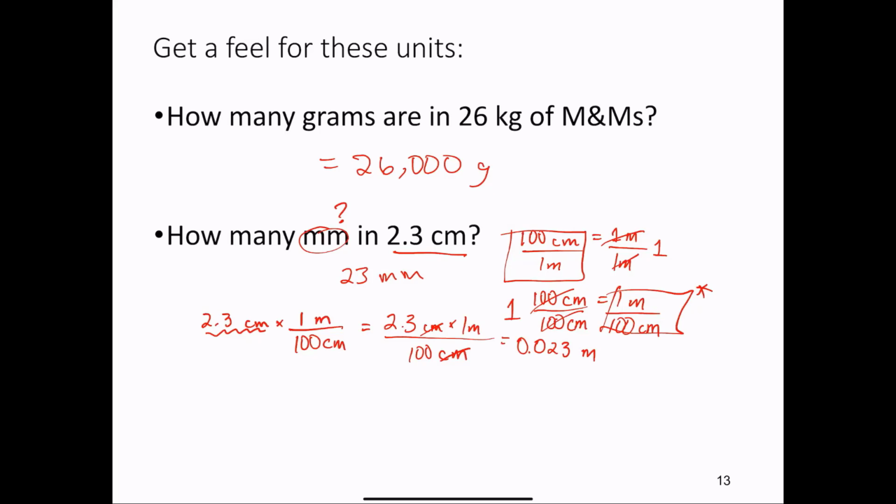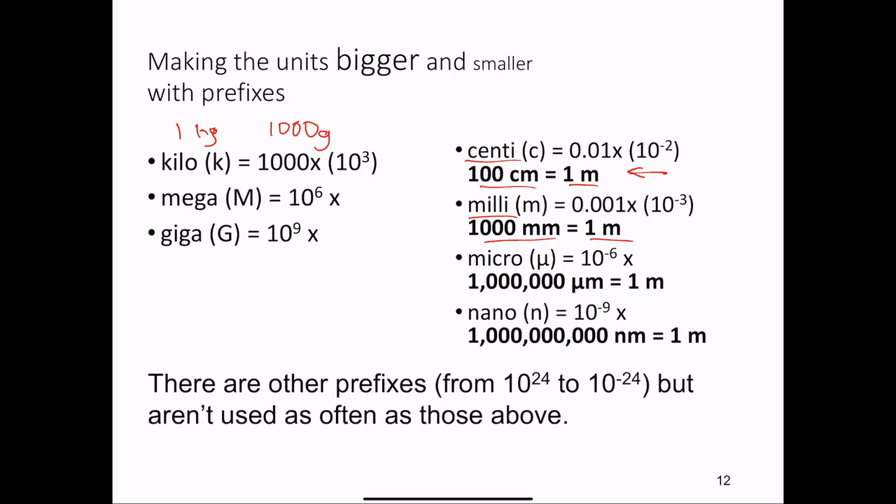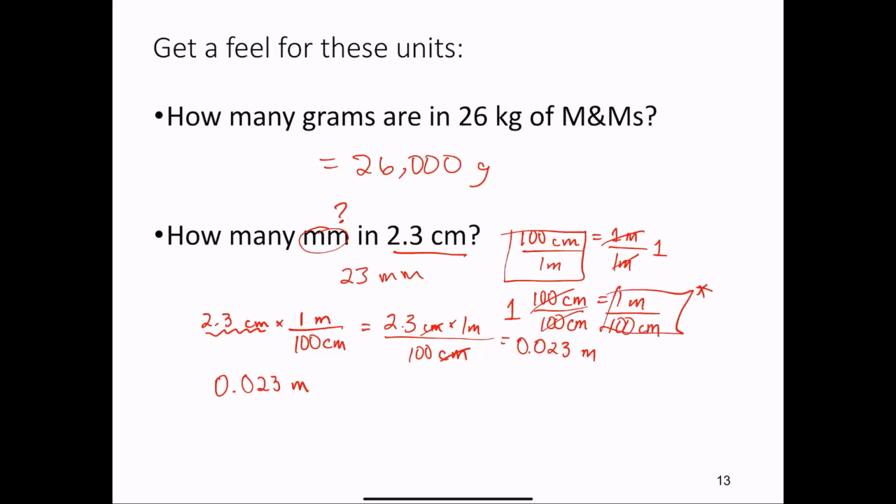Okay, but then let's bring it back to what we really want. We really want to be in millimeters. So now we say, okay, let's take those 0.023 meters, and how many millimeters are in a meter again? Oh yeah, it's 1,000. Okay, so we're going to use the same idea here, but instead we're going to say, I've either got 1,000 millimeters per 1 meter, or I've got 1 meter per 1,000 millimeters.